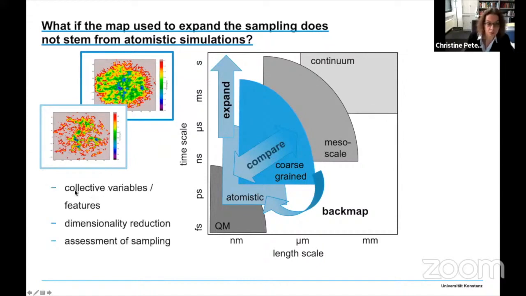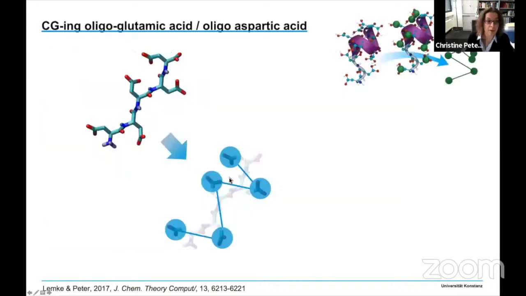Meaning that to do this, we need features that describe our conformational phase space on both levels of resolution. We need a dimensionality reduction algorithm, and we need some sort of assessment of the sampling of phase space. So let me walk you through this with one example.